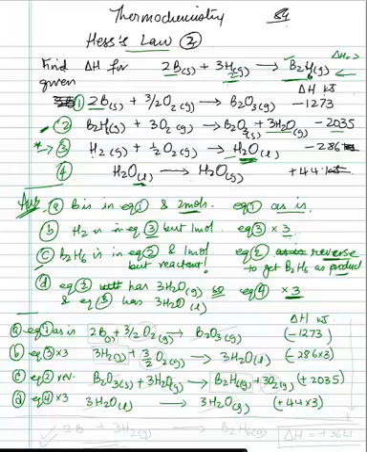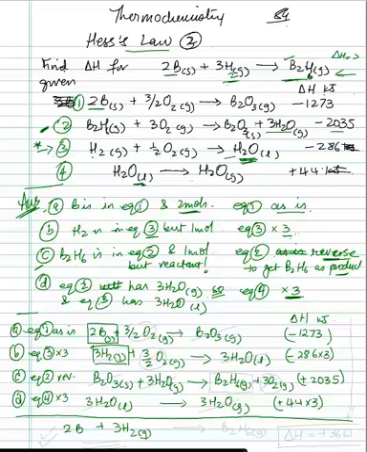So now what we have to do is add up everything. When we add up everything, the best thing to do is, first of all, highlight what you need. So you need the boron, you need the hydrogen, and you see it. So 2 boron, which is not in any other place in the equation, and then you need the hydrogen, which is 3H2 gas.